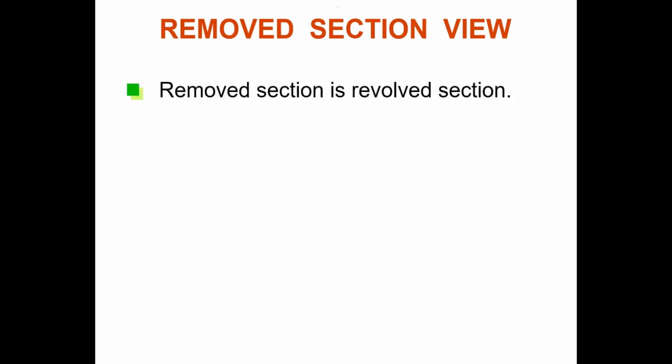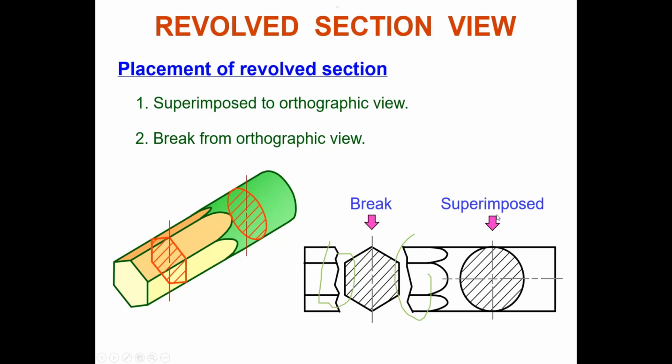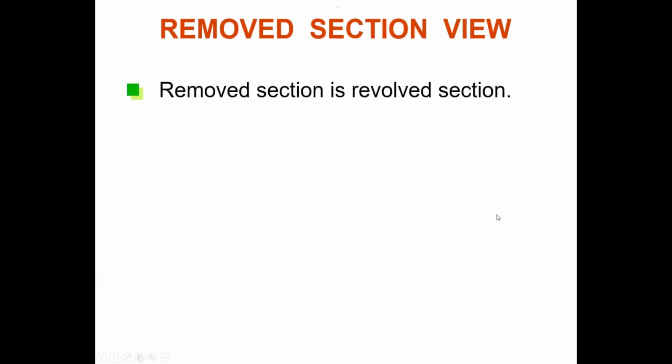Remove section view is actually a revolve section, but you put the section view that you rotate somewhere else, you don't superimpose on the object. Like this one tadi, you superimpose on the object, but here you put the rotated 90 degree section somewhere else in the same drawing, not on the object itself or on the front view. Put it in any area of your drawing.